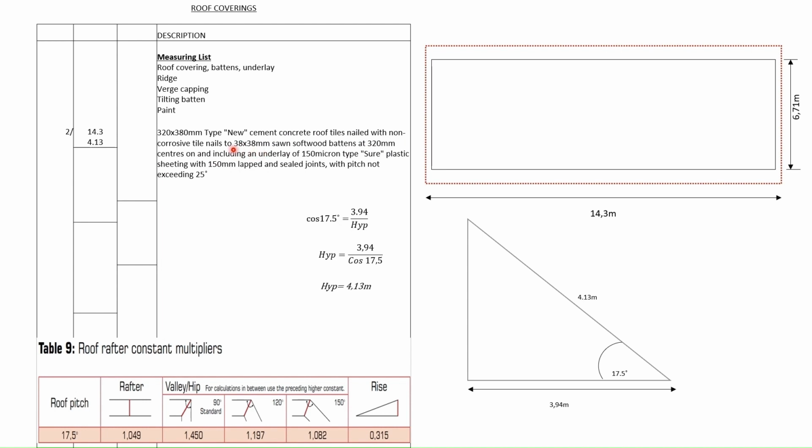Nailed with non-corrosive tile nails. That's the method of fixing. 38 by 38 millimeter sawn softwood battens at 320 millimeter centers on and including an underlay of 150 micron type shore plastic sheeting with 150 millimeter lapped and sealed joints with pitch not exceeding 25 degrees. I think that is a comprehensive description of the roof covering, and it includes everything that the standard system states it should include in the description.